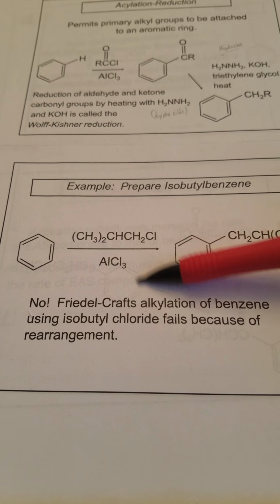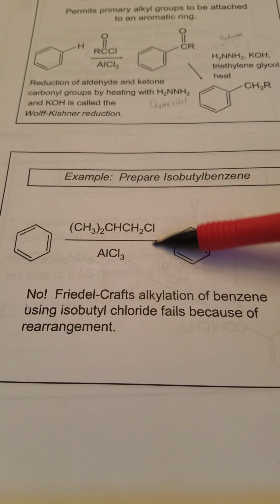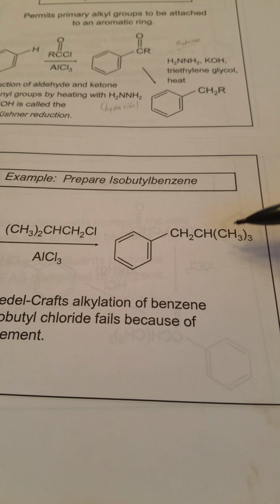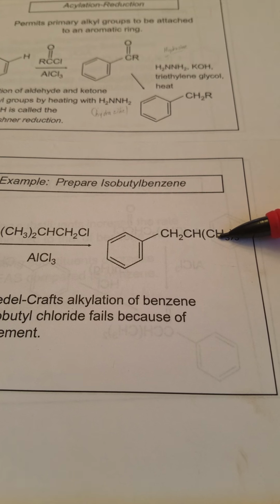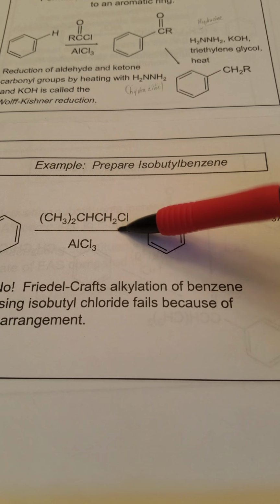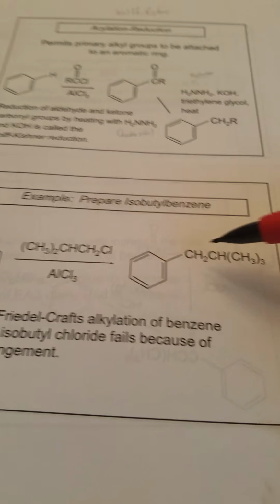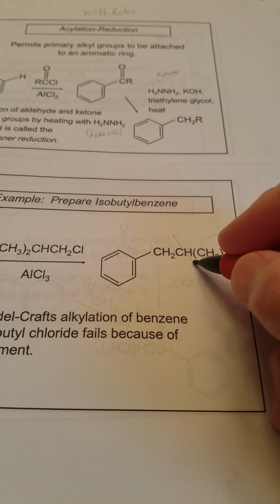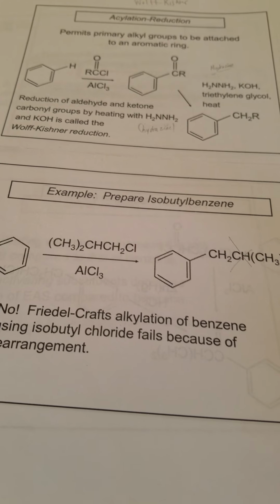So like I said earlier, if we have this molecule and we add it on to our carbon chain, then remember if we do a Friedel-Crafts alkylation, this is going to rearrange, and it's not really going to form this. It's going to form a tertiary butyl group instead.